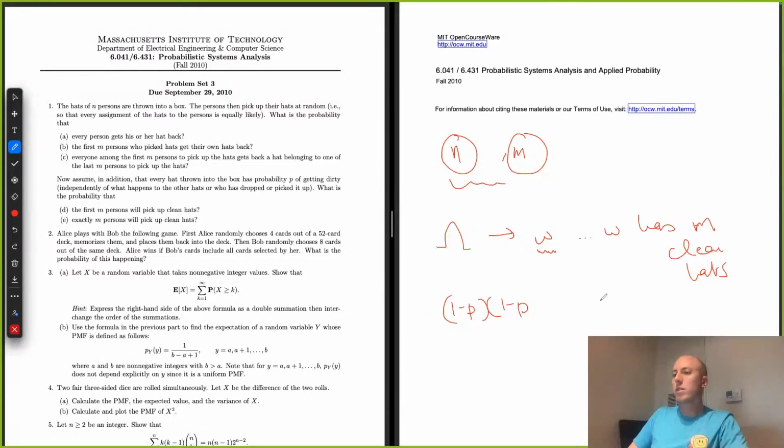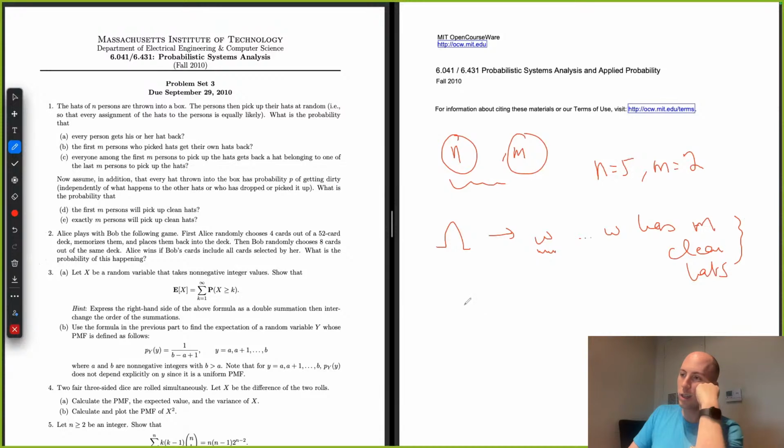Maybe instead of jumping to this, let's take one more step before that. So let's say that N is 5 and M is 2. We run the experiment and we get an outcome: clean, dirty, dirty, clean, dirty, like that.